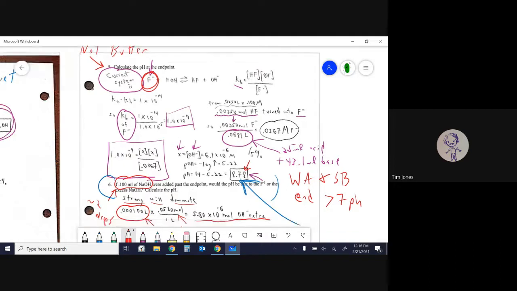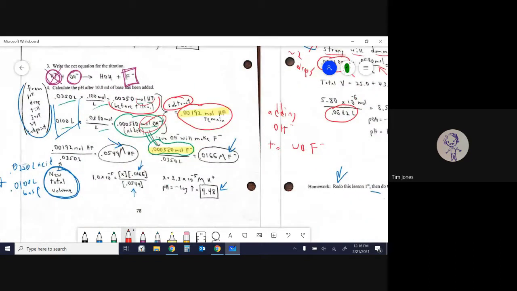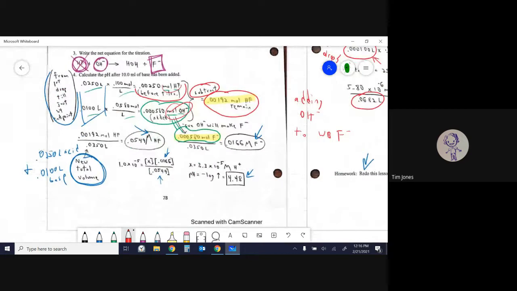But where we did have a buffer was in step 4, here, because we were partway through the titration. If I were to graph the entire titration, it might look something like this.